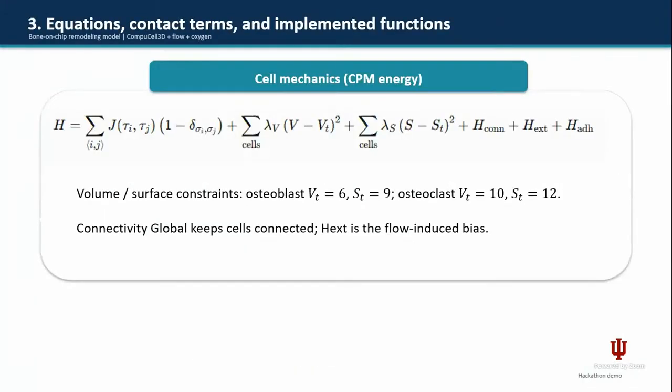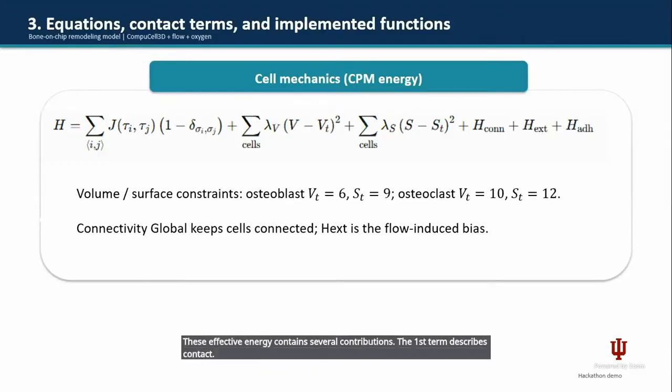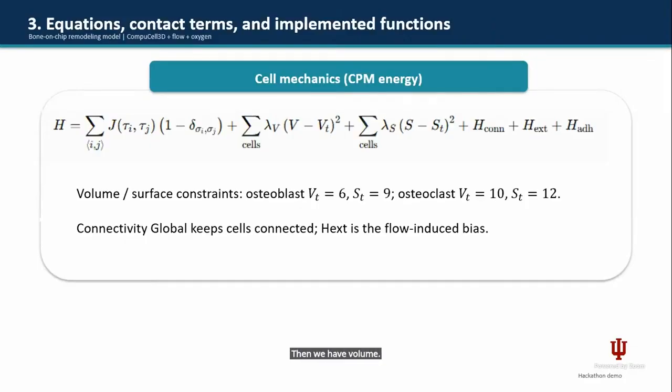The cell behavior is described using the cellular Potts model. This effective energy contains several contributions. The first term describes contact energy between neighboring cell types. Then we have volume and surface constraints, which control cell size and shape.